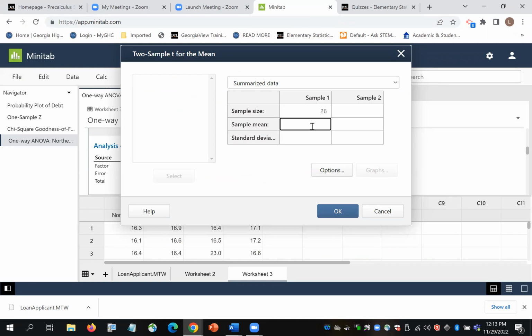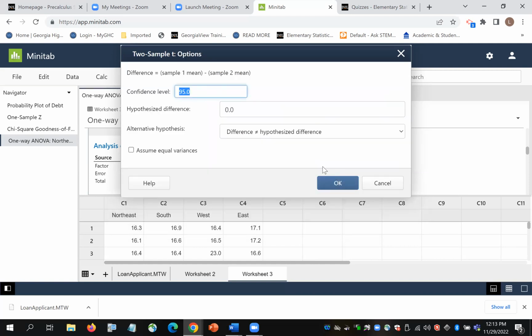The sample mean was 85.69, and the standard deviation was 10.78, both given in the problem. Sample 2, there were 27 in the group, the average was 87.59, and the standard deviation was 8.93. So all of this summarized data I got from the problem.